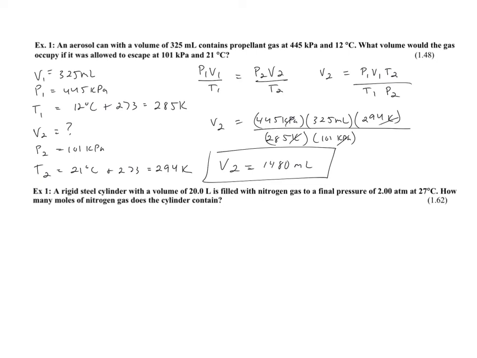Last one. A rigid steel cylinder with a volume of 20.0 liters is filled with nitrogen gas to a final pressure of 2 atmospheres at 27 degrees Celsius. How many moles of nitrogen gas does the cylinder contain? Okay, so now they're asking us for moles. There's only one equation that's featured moles thus far.